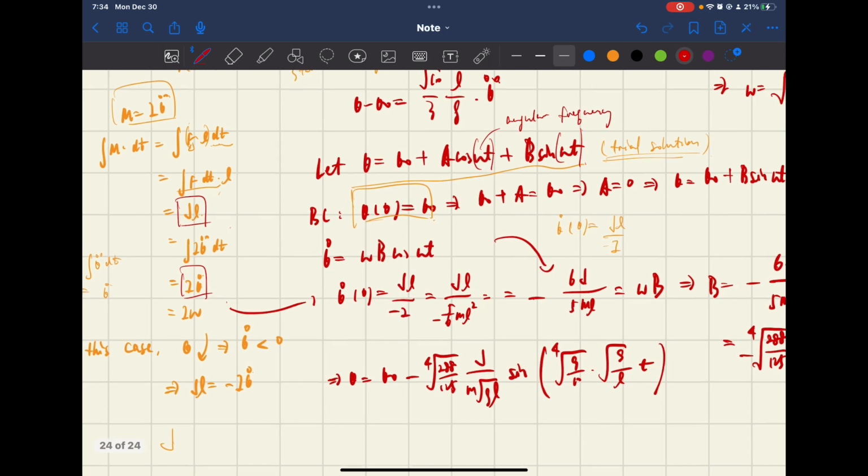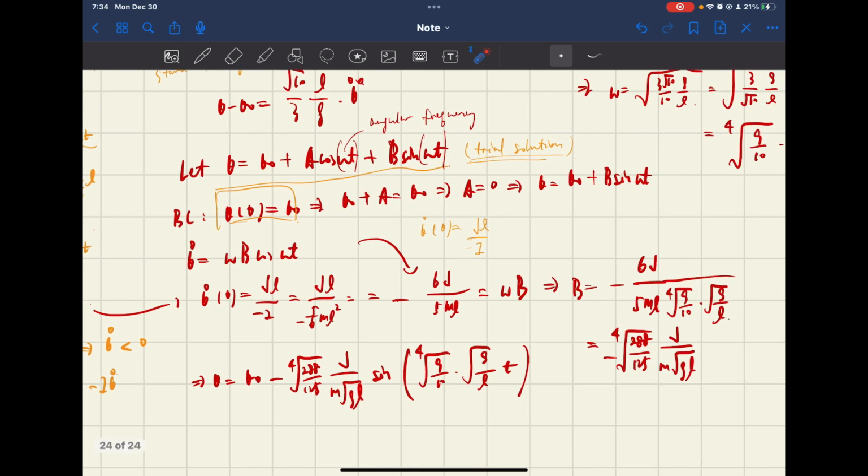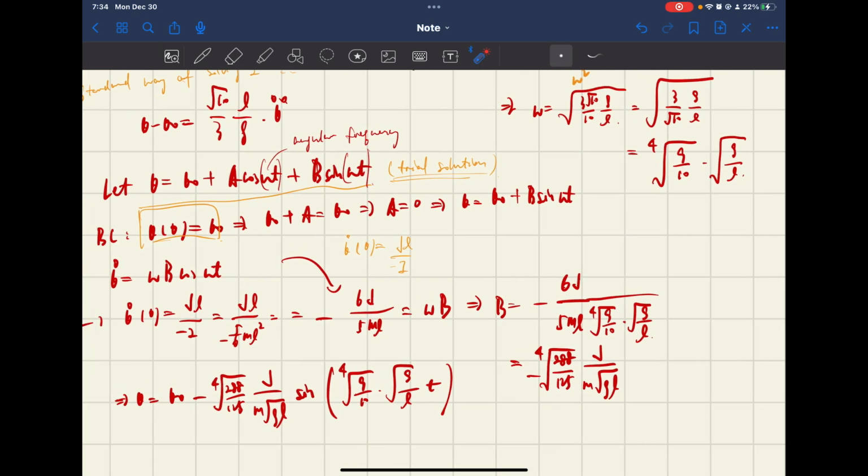With this, we can now calculate everything, because we already know what the solution should look like. We have the trial solution here, and we have already calculated the angular frequency of the rigid body. It's actually the same.